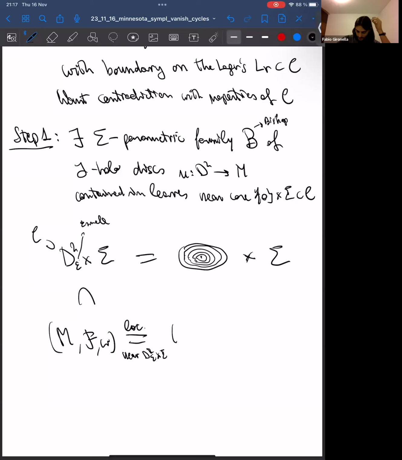So we have minus delta delta times D2 delta, where delta is small, related to epsilon of course, but I'm not going to write it down, times T star sigma. So this is a local neighborhood. And the foliation here is just given by these two factors.